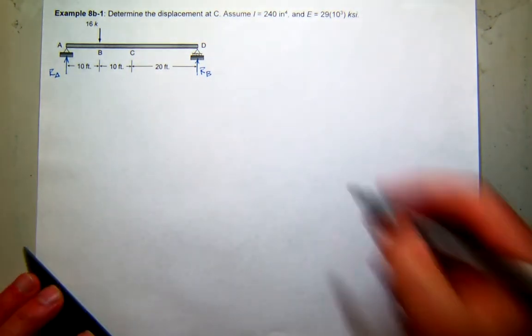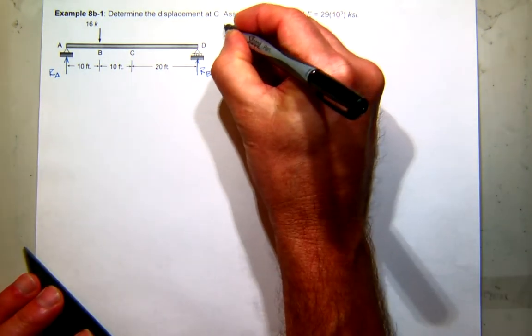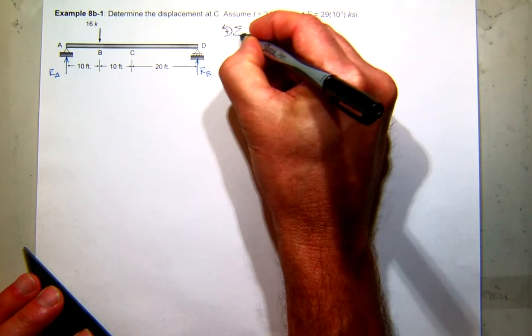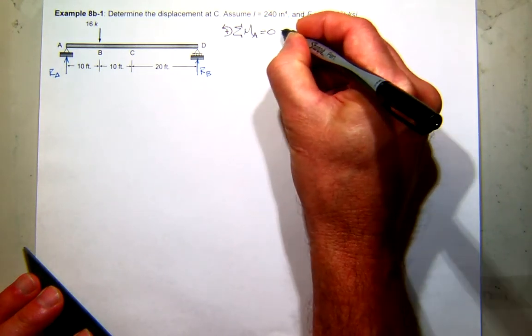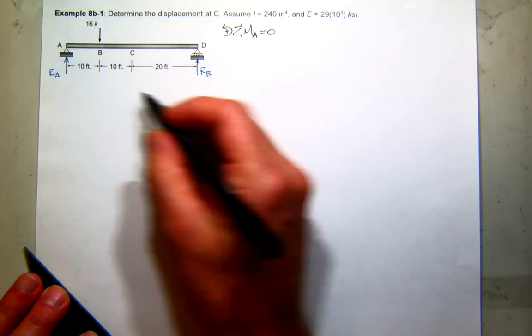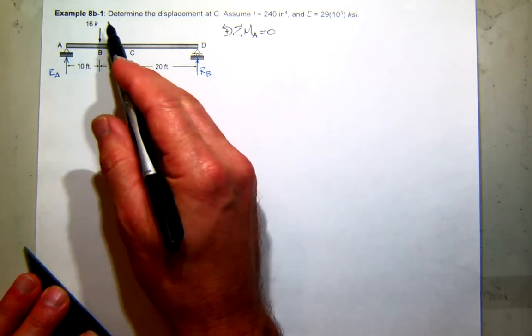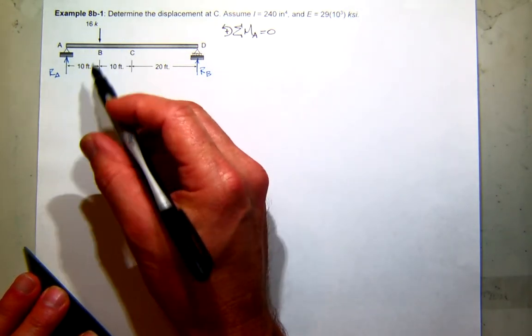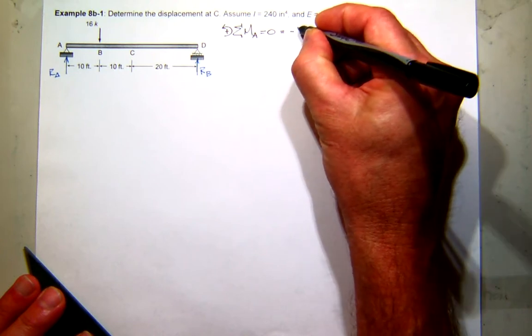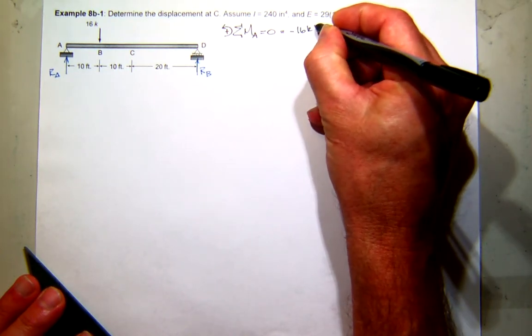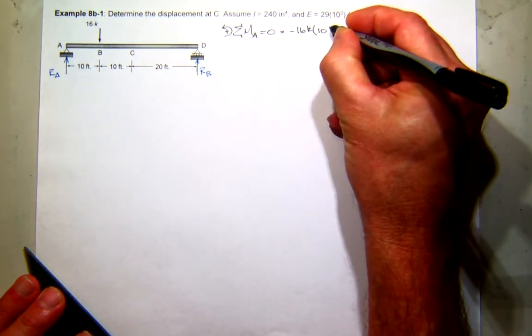And let's find those. So first I'll sum moments about, I'll just do A because it comes first in the alphabet. And summing moments about A, the applied force creates what kind of moment? Positive or negative? Negative. So that would be minus 16 kips, and that's at a moment arm of 10 feet.